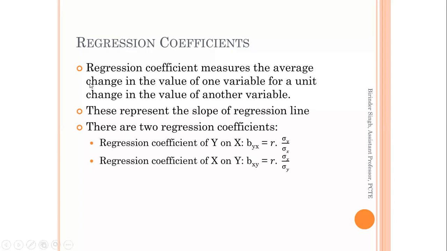This is the most important thing: there will be two regression coefficients, whereas the correlation coefficient is only one. The two types are byx and bxy. Byx is equal to r into sigma y divided by sigma x, and bxy is equal to r into sigma x divided by sigma y.